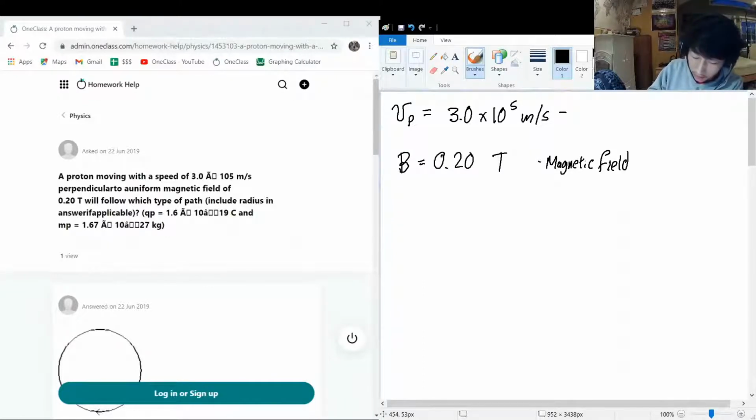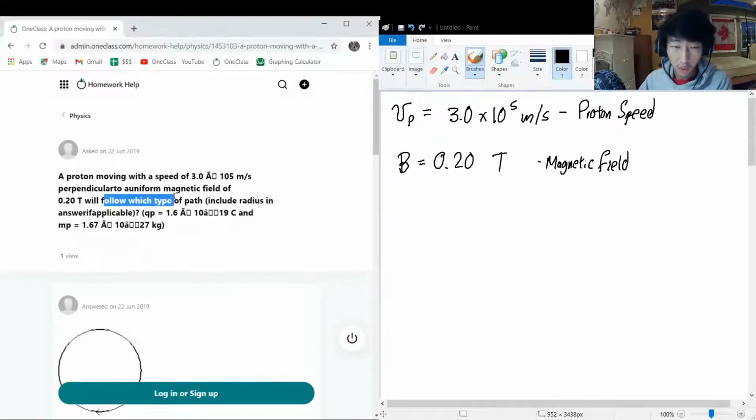And this is our proton speed. And it will follow which type of path? It's going to follow a circular path, because we know that charges moving through magnetic fields always follow circular paths, assuming that the charges are moving, that is.